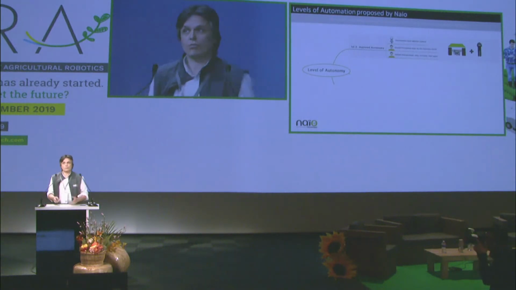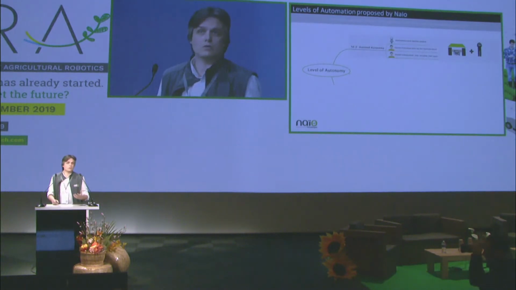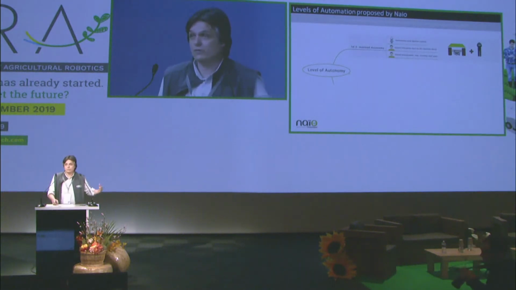So at level 3, you have work which is done autonomously and without any perception system. In that case, all of the hazard management is done by a human. So you need to have a human near the machine or on board, or maybe near the field, on another field.